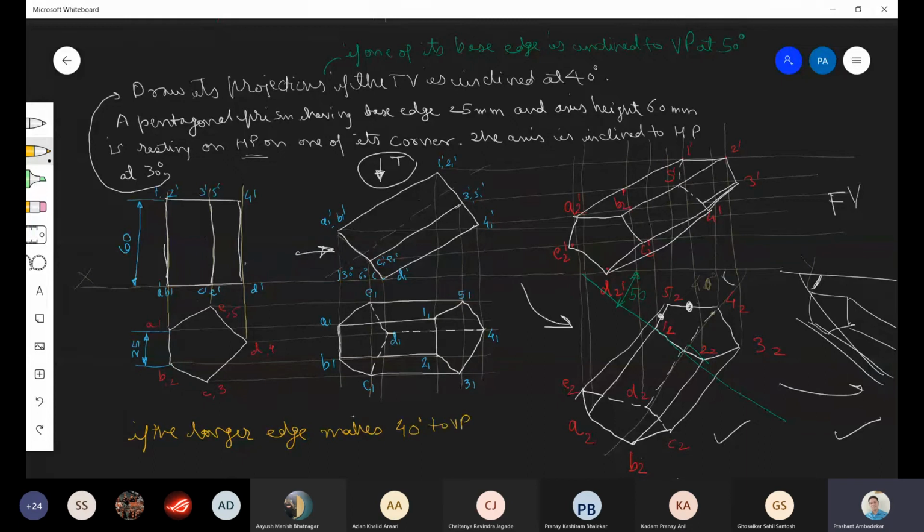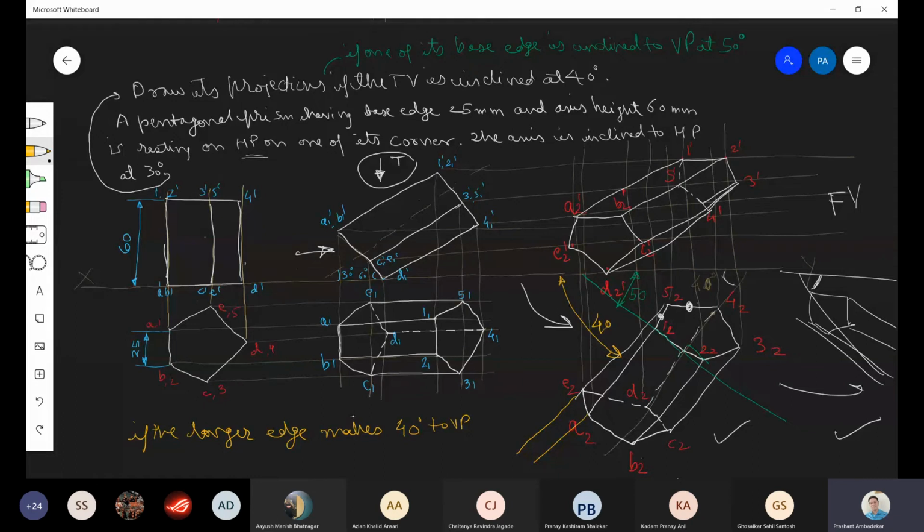See, which is longer edge? All these are longer edges, correct? All these are longer edge. And what is this angle with the longer edge? This is 50. Sorry, 40. This is 40.